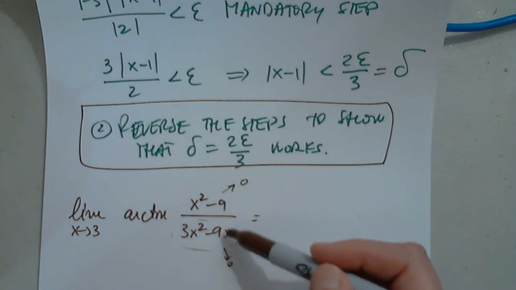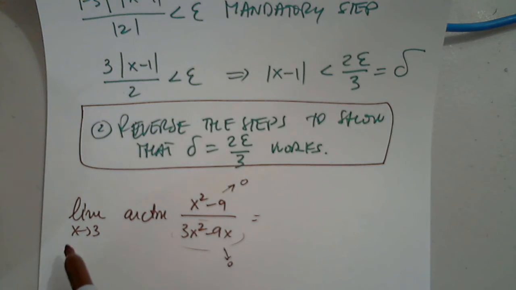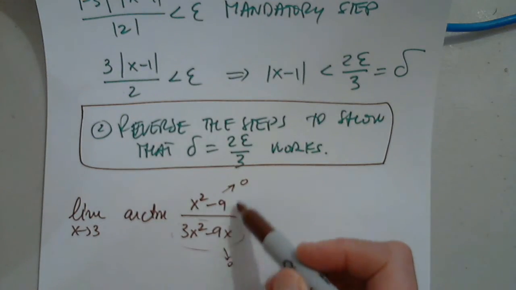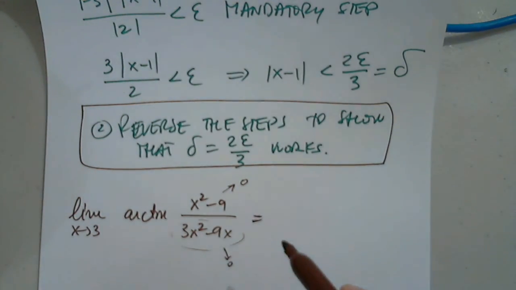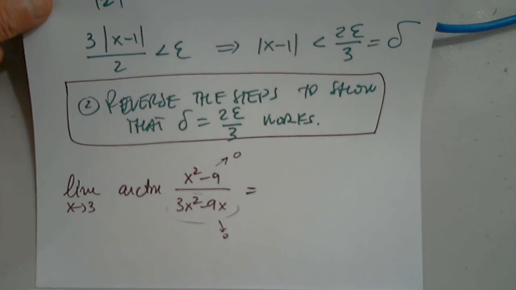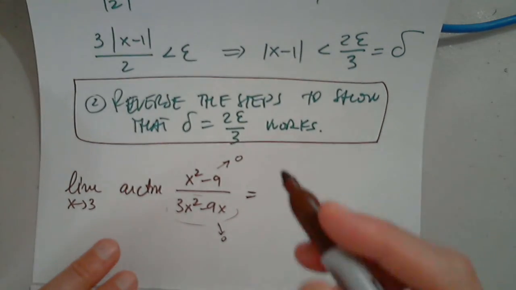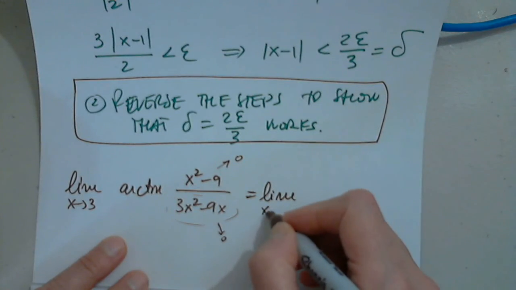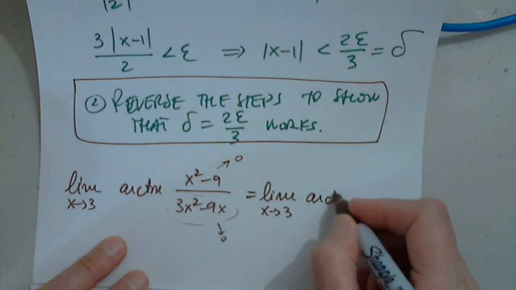So first I have to simplify this as much as possible. When I replace the x by 3 and I get 0, top and bottom, what does that tell us immediately?